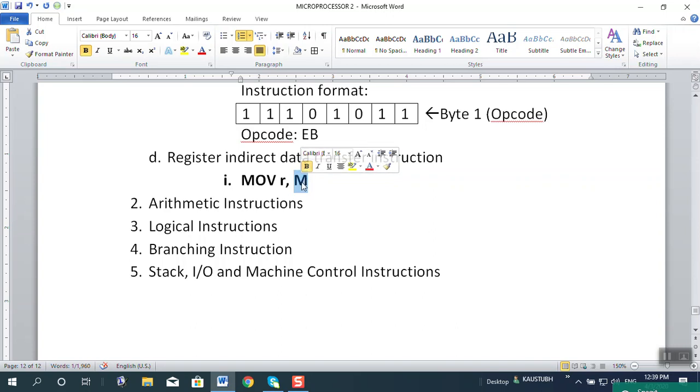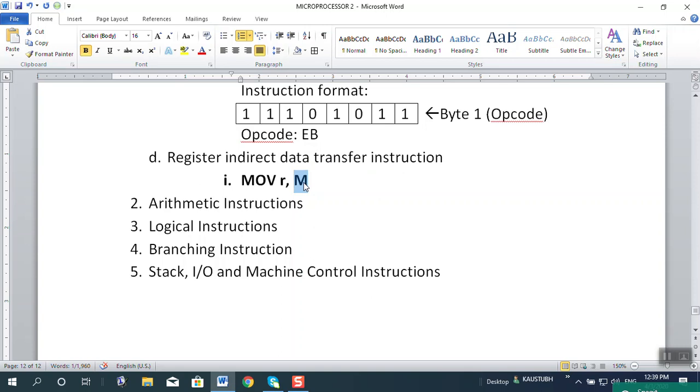Now the thing is that this M is a virtual register, and remember one thing, it can be a virtual register only when the address of that memory location is presently in the HL register pair.